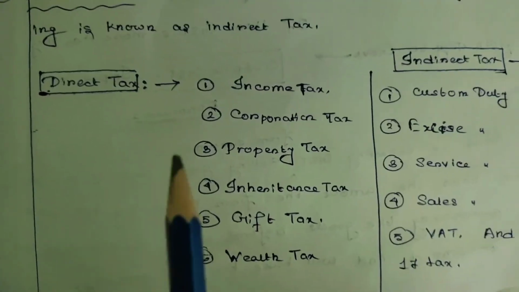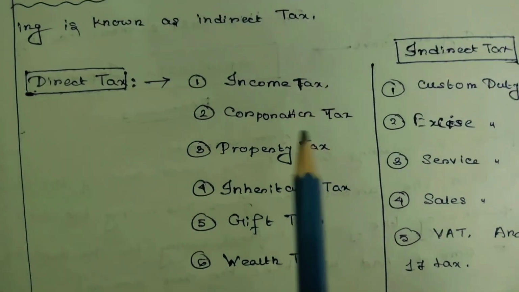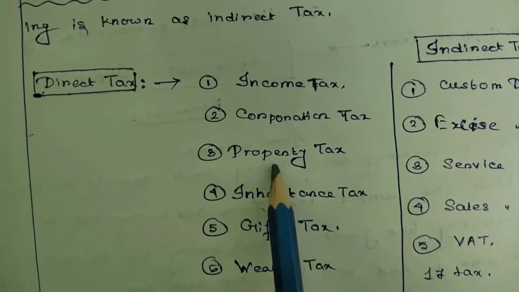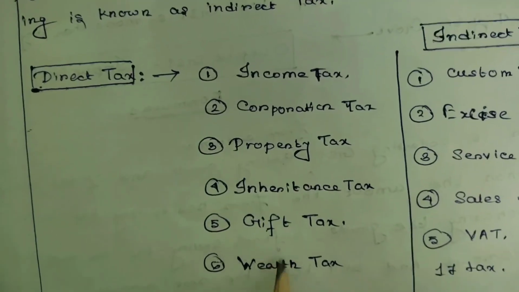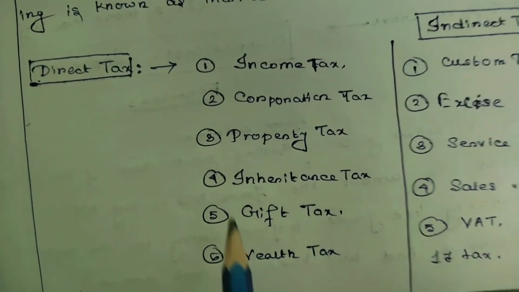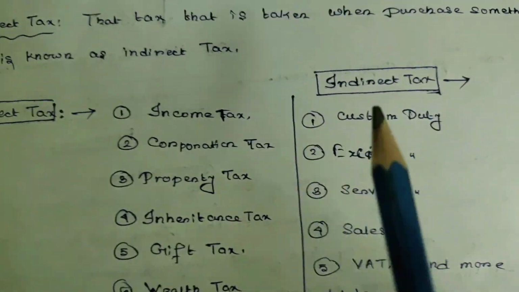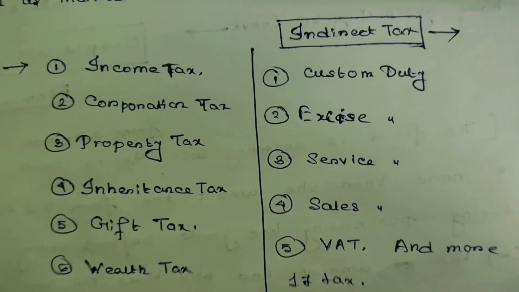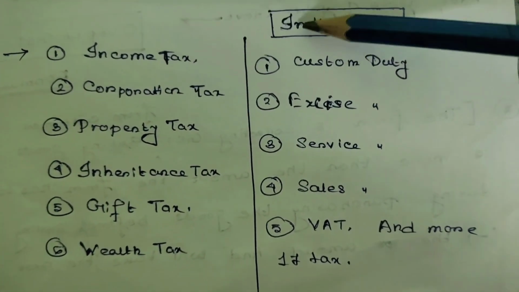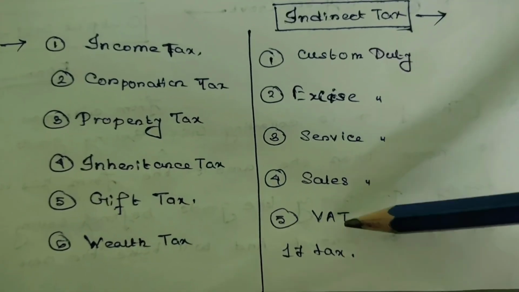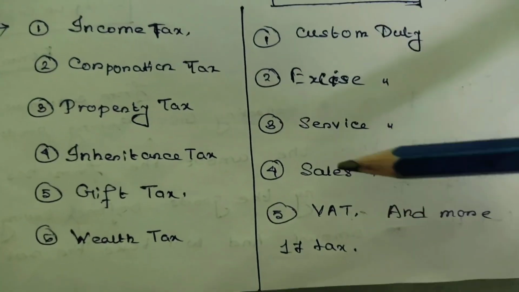There are six kinds of direct tax: income tax, corporation tax, property tax, inheritance tax, gift tax, and wealth tax. Indirect taxes are customs duty, excise duty, service tax, and sales tax. VAT is a very famous indirect tax. We all know that.